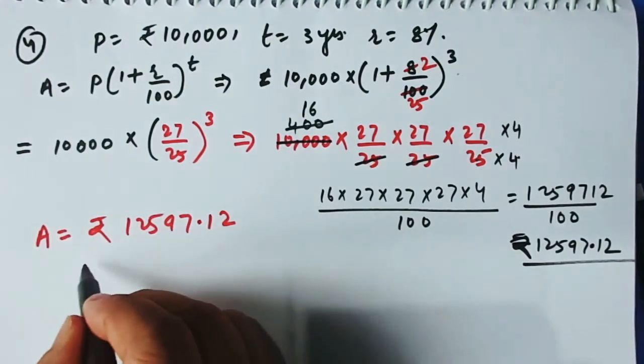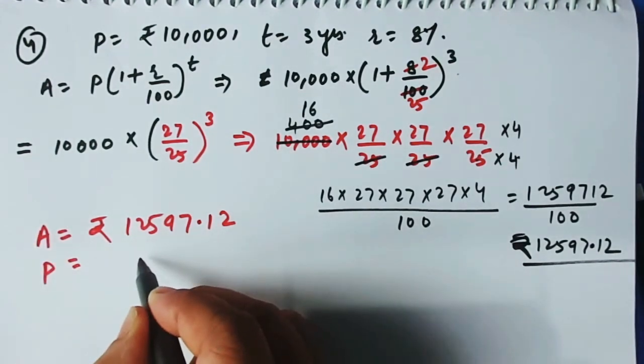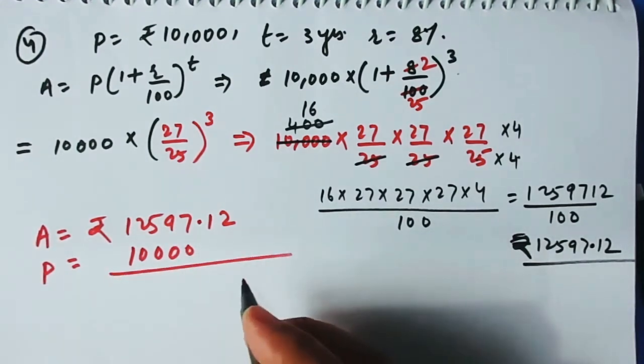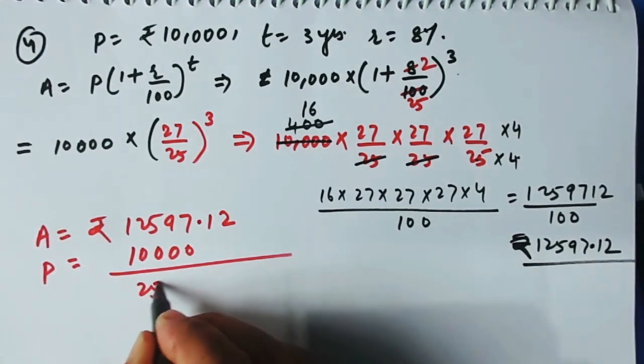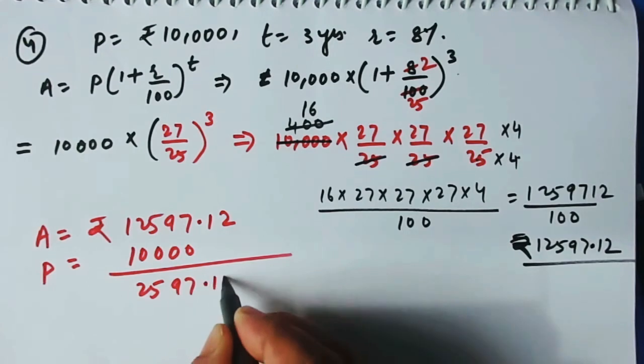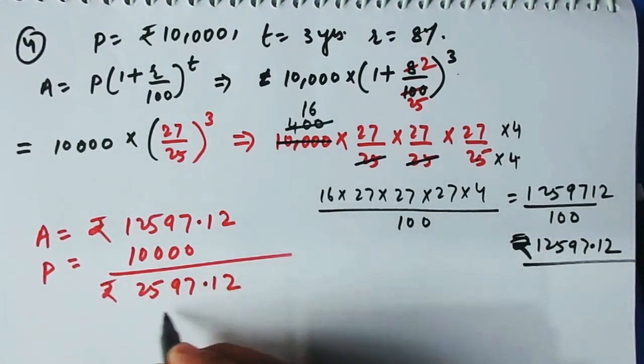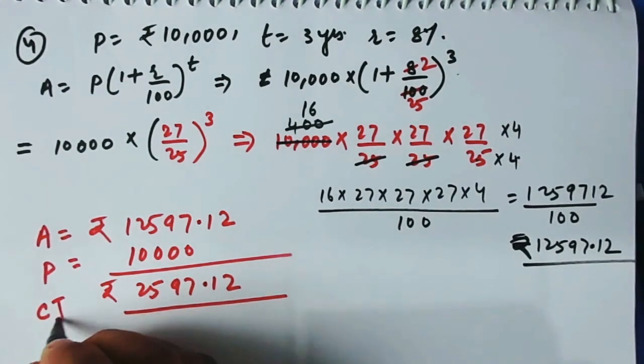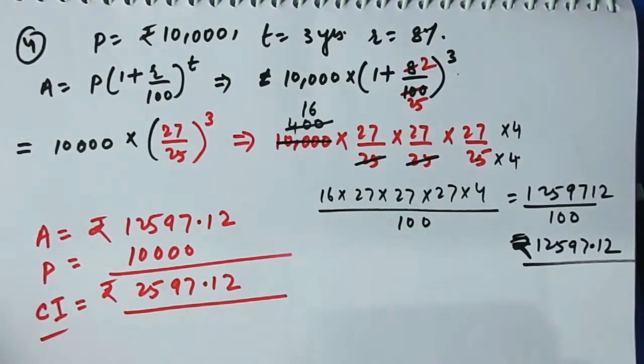Your principal was 10,000. Minus it, how much will you get? 2597.12 rupees. What is this? This is the compound interest. Clear? So this is how you will be finding out these sums.